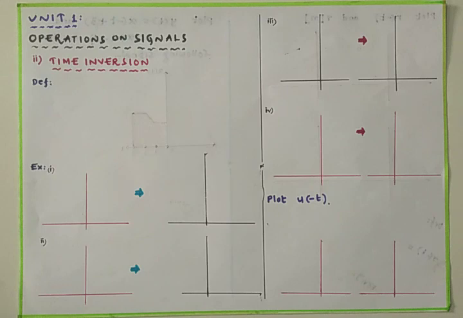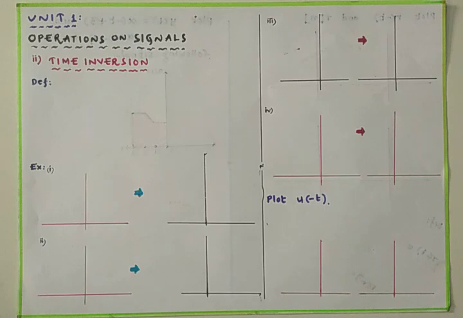In practical cases we cannot get the advanced signal, but we can get the delayed signal. The point is very clear: whatever operation is applied on a signal, it will not change the characteristics of the signal. The characteristics, that is the amplitude, remain the same and the time span also remains the same when using the time shifting operation.